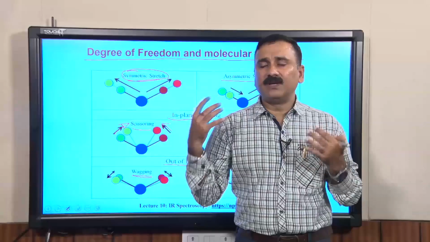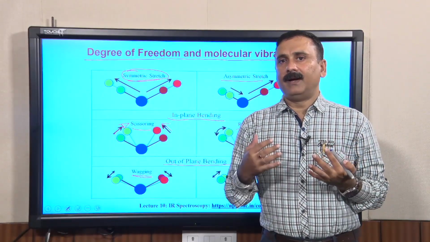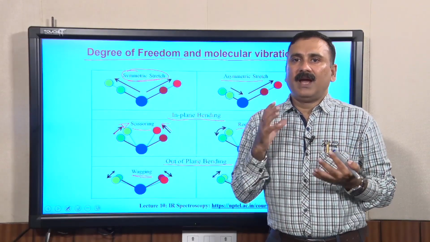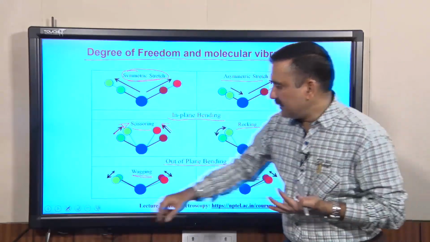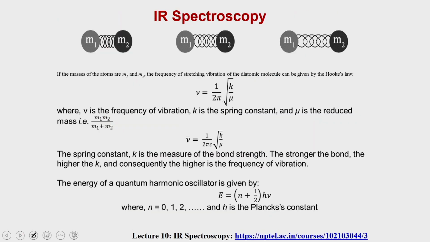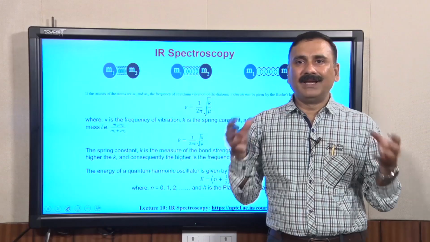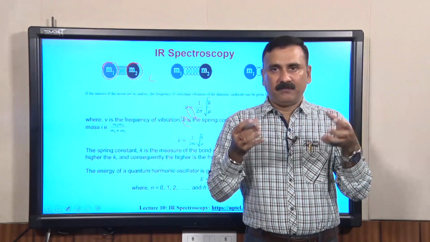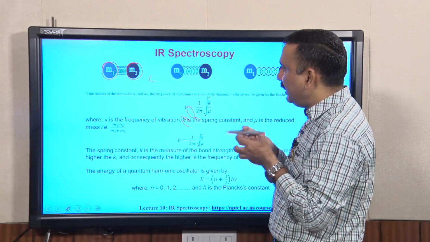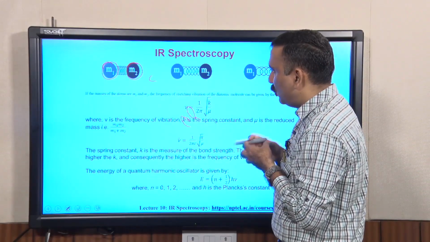Because of these different types of motions, the molecule also has different types of vibrational energies. You can imagine that two atoms, M1 and M2, having molecular masses M1 and M2, are connected to each other with a spring. They can have different types of motions.